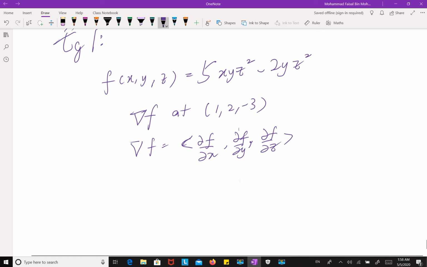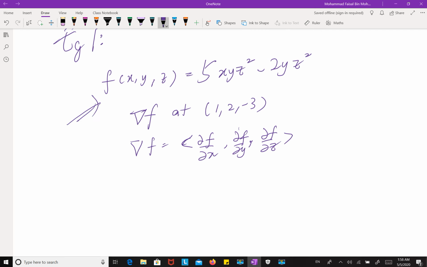So if you differentiate this function with respect to x, you will get 5yz squared. Again, you differentiate this function with respect to y, you will get 5xz squared minus 2z squared.